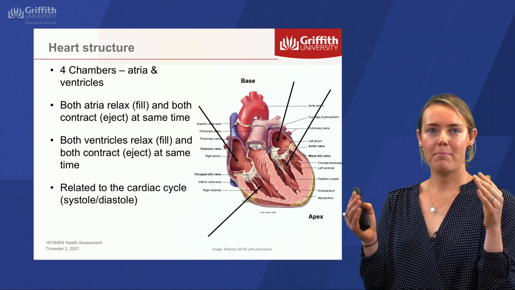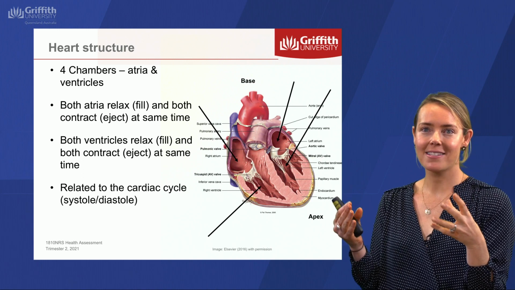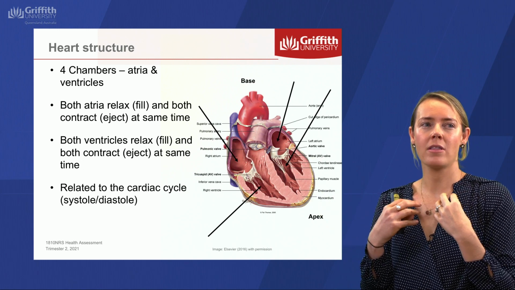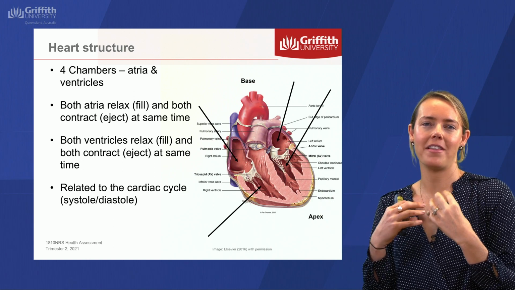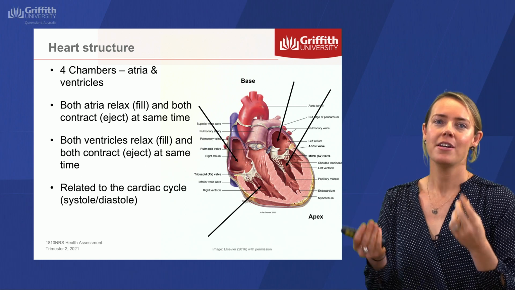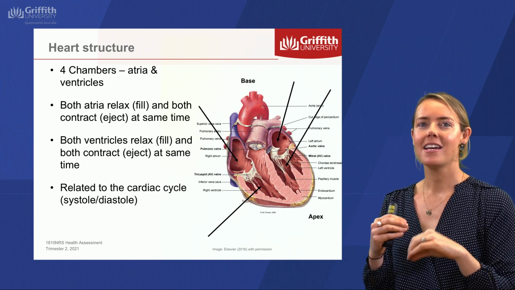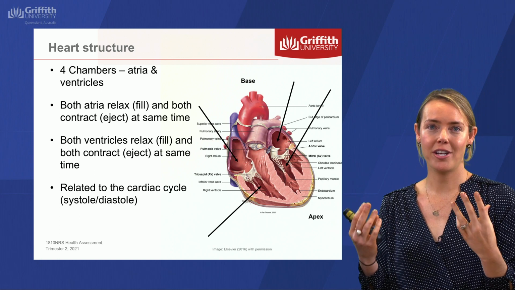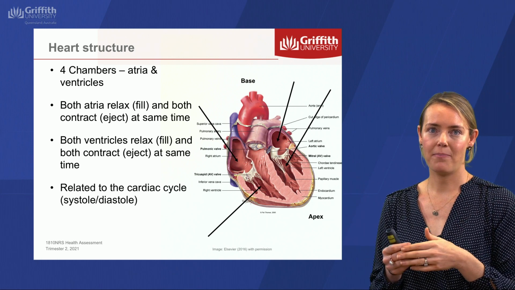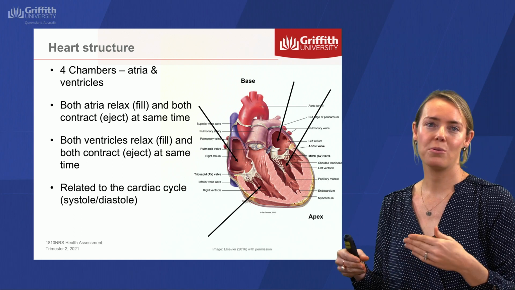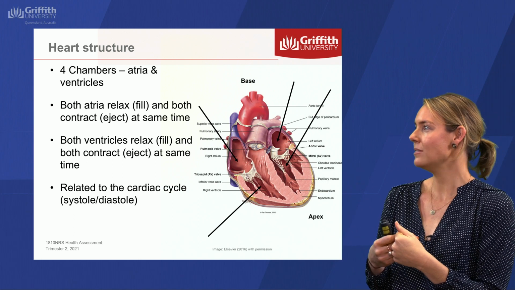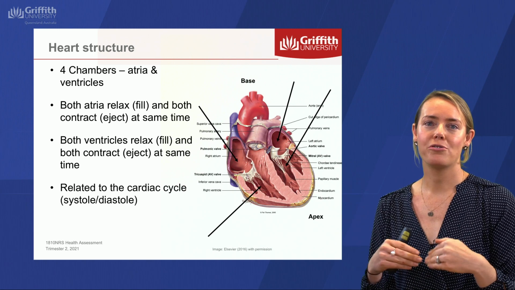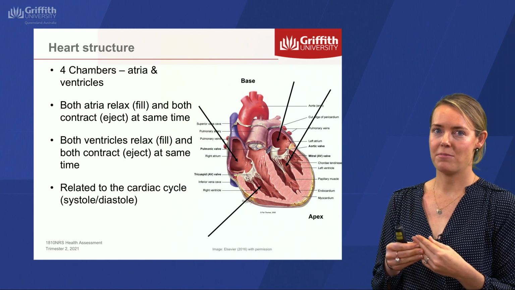Both the atria will relax, and if a structure within the heart is relaxed, it usually means it's filling. If the atria are relaxed, they will do that at the same time. When they contract or eject, they will do that at the same time. And both ventricles will also relax or fill, and then they both will contract or eject at the same time.